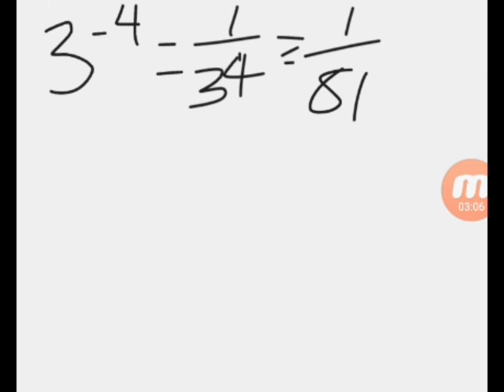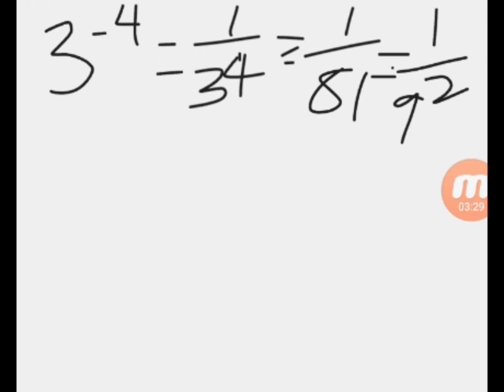Very simple for us. So in that case, remember that 81 is 9 raised to the power 2. So this is the same thing as 1 over 9 raised to the power 2. So what we have here as 3 raised to the power minus 4 has been taken back to 9 raised to the power 2. Is it getting clearer now?